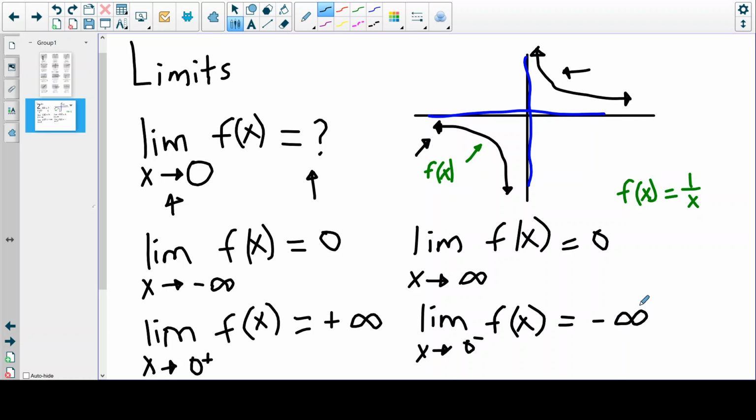You do need to include the negative sign. So that's basically how you will define the limit of this particular function. Other functions will have different limits, but that's the basic limit notation. And that's how you determine what goes where, to accurately describe the behavior of the function.